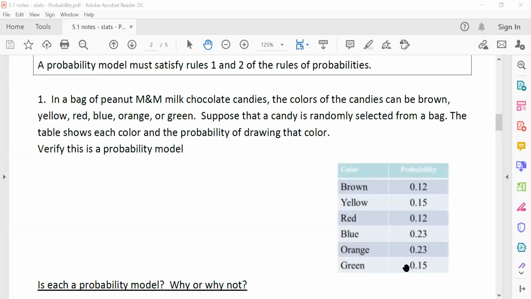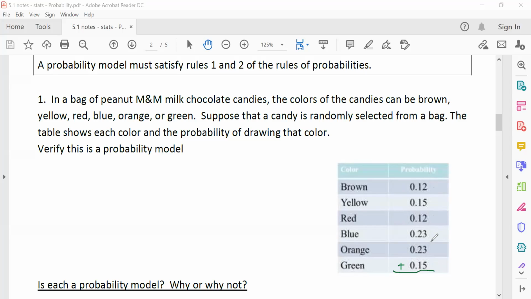So let's verify that that works. I need to add them all up. It needs to come out to 1, or 100%. You can use your calculator, but I'm going to try to do it in my head. 0.12 plus 0.15, 0.27, plus 0.12 again, 0.39, plus 0.23, well, what's 39 plus 23?